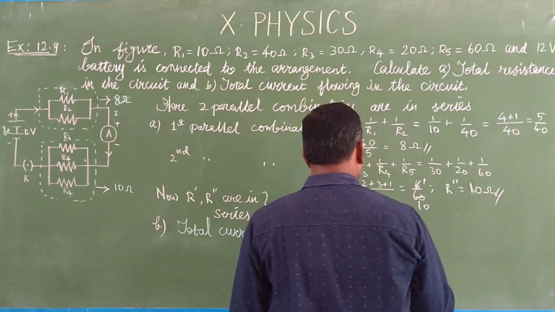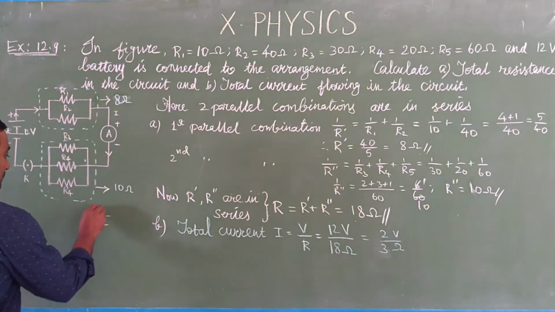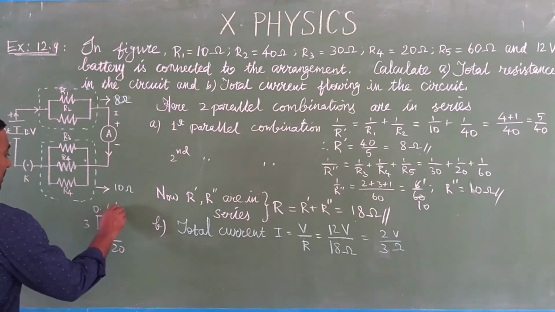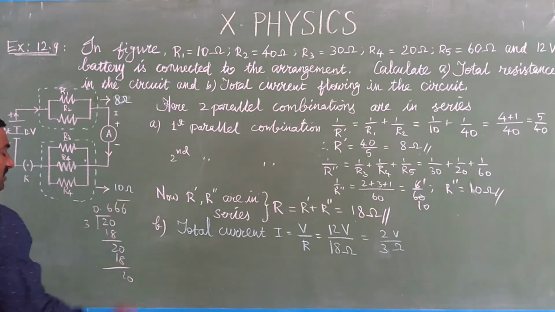So 2 by 3. What is the value of 2 by 3? 6 times 3 are 18, remaining 2, 20, again 6 times 3 are 18, remaining 2, it keeps on coming.